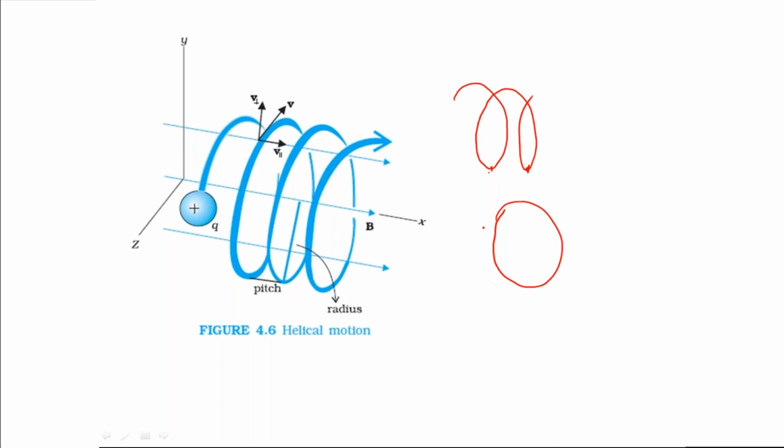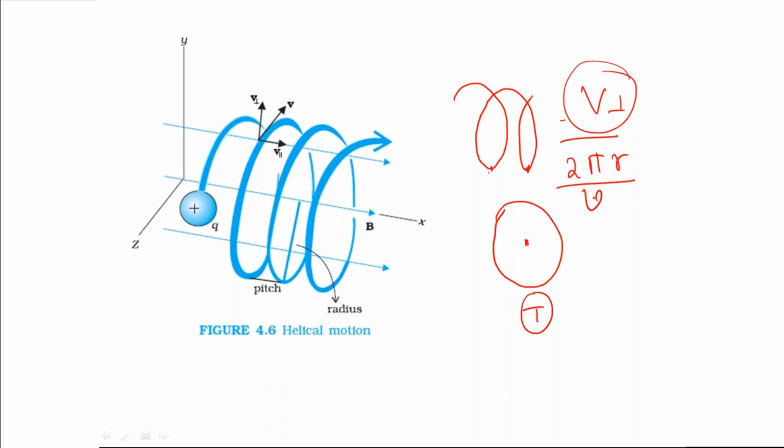In this case, the time period is the same for the helix and the circular path. So if you are asked to find the time period for a helix, you take v perpendicular and use m v square by r is equal to q v perpendicular into b. With the radius you get, 2 pi r is the total length, and you can find out the velocity. With that you can find out t, the time period.